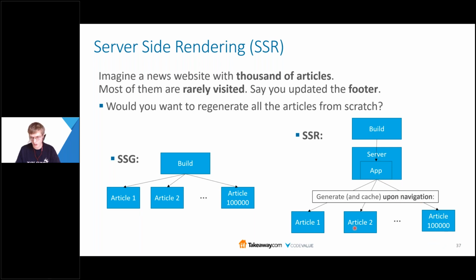But if someone navigates to article 2, let's say it's a very new article, very hot article, the server generates the web page and sends me the web page, and also it caches it. Now the cache here is very important because the moment the server caches article 2, when someone actually requested it, the next user that navigates to article 2 will receive the web page from cache.